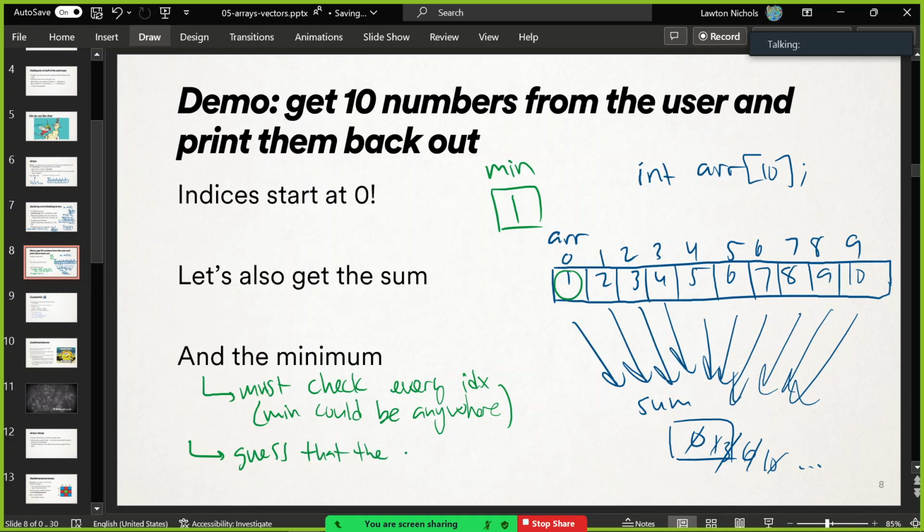In this case, it is. Guess that the 0th element, because that could have been the minimum, just guess that it is right now, is the min. And then, because the minimum could be somebody else too, update that guess if you find a better guess for the minimum. All right, update the guess as necessary.